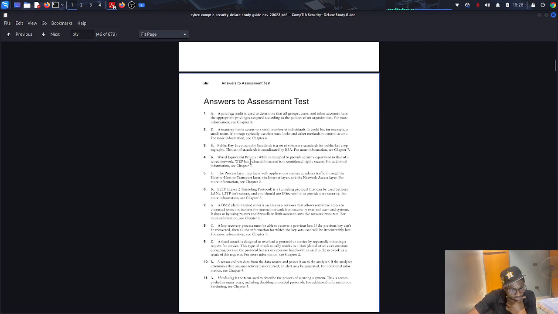Wired equivalent privacy is designed to provide security equivalent to that of a wired network. It has vulnerabilities and isn't considered highly secure. For additional information, see chapter 7. Alright, at least we got one.